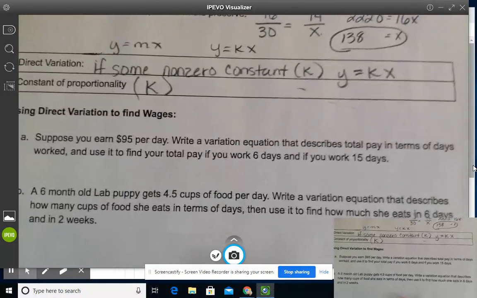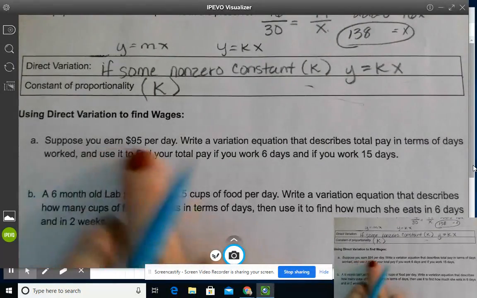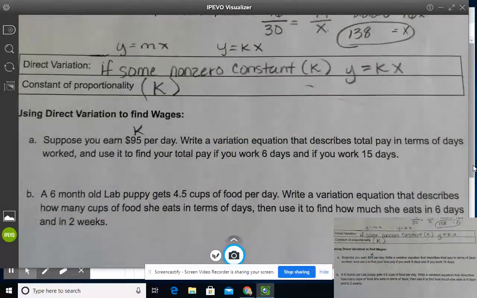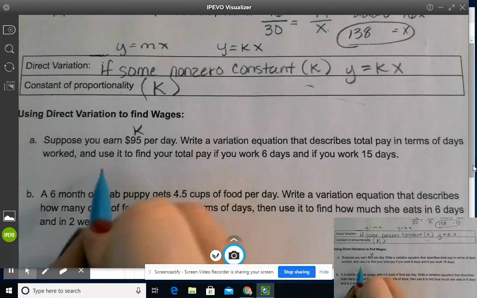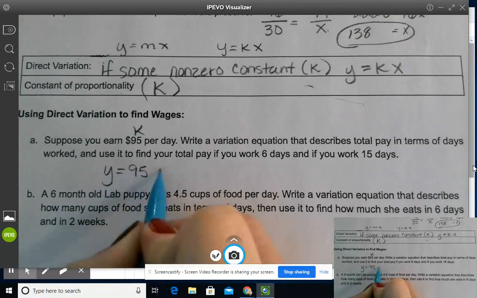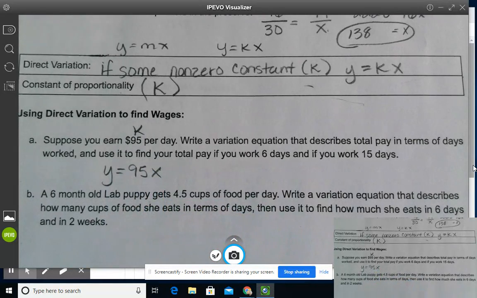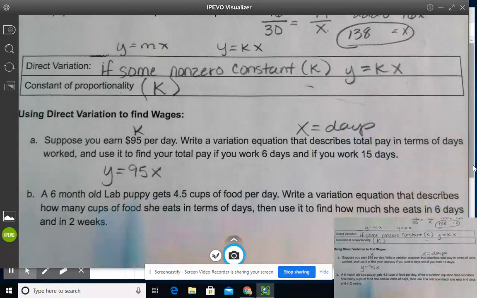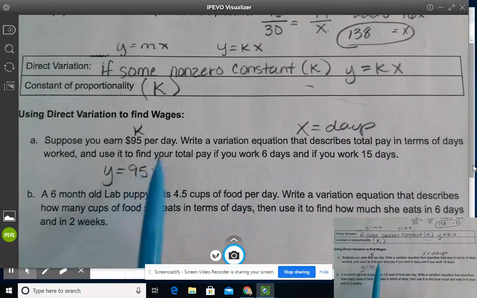So in terms of helping you understand that, if you earn $95 per day, 95 is your k value. It's that constant of proportionality. It's something that doesn't change. You are constantly getting paid $95 per day, which means that when we write the equation for this, this is what it looks like. Then they give you some value of x. In this case, x stands for the number of days that we work, and she gets paid $95 per day.